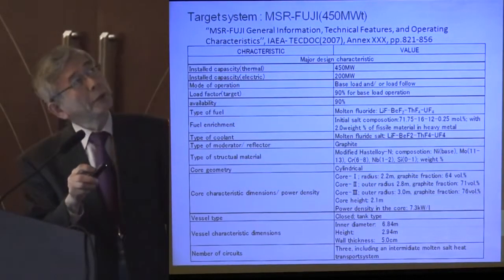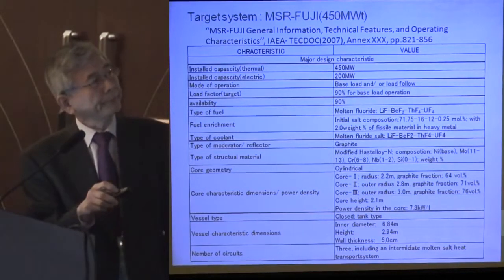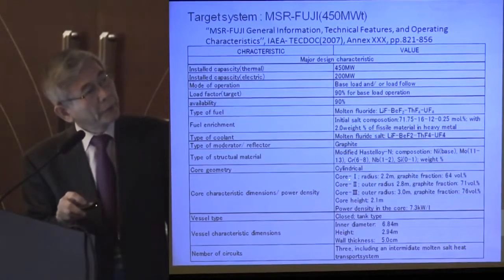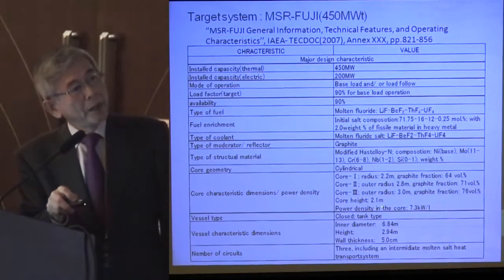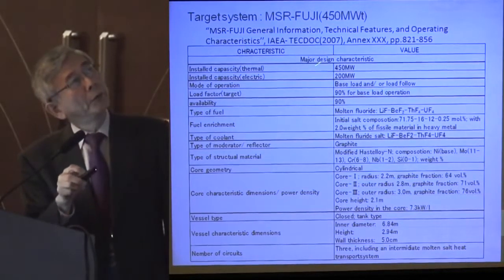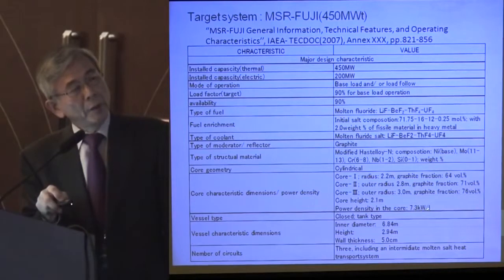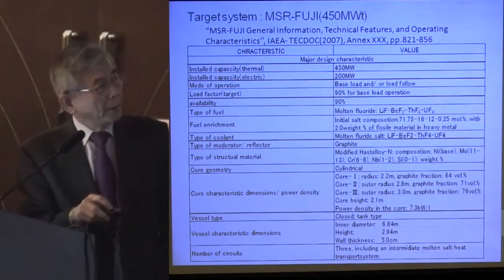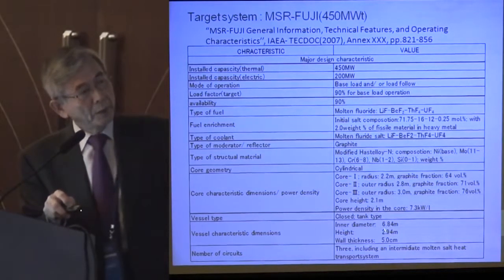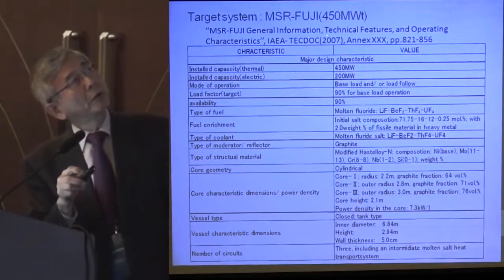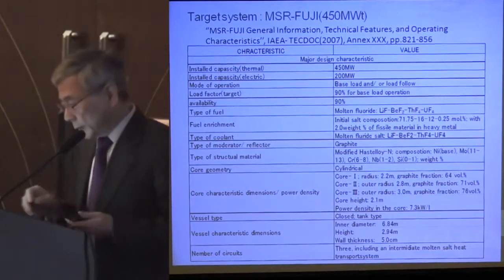This FUJI is a thermal reactor, so we use a graphite moderator. And the other parameters, I think you may well be aware of. The power density of FUJI-2 is lower, 7.3 kilowatts per liter, and the reactor vessel is a little bit larger considering this thermal output. Okay.